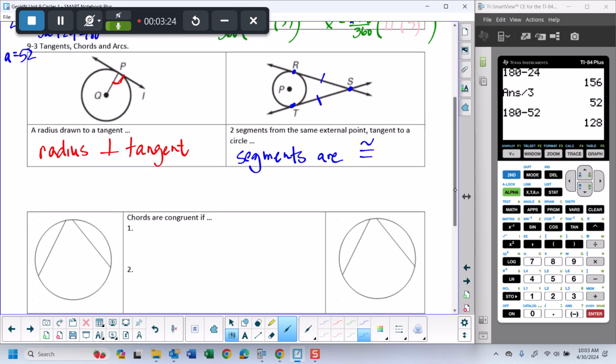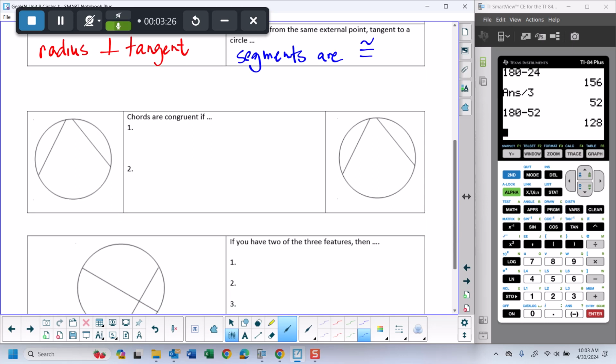Next, we started talking about chords of our circles. Our chords are congruent if the arcs are congruent. And the arcs are congruent if they have the same central angle.